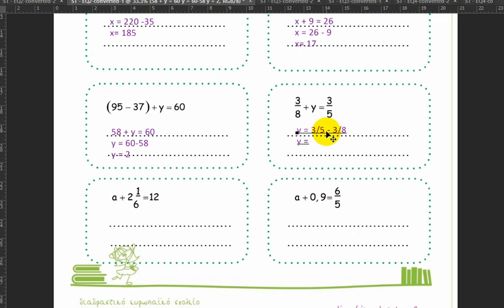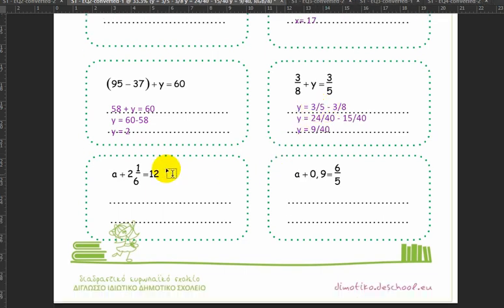And what you would find is 24/40 minus 15/40. By doing this subtraction, you get what? 9/40. Final answer.